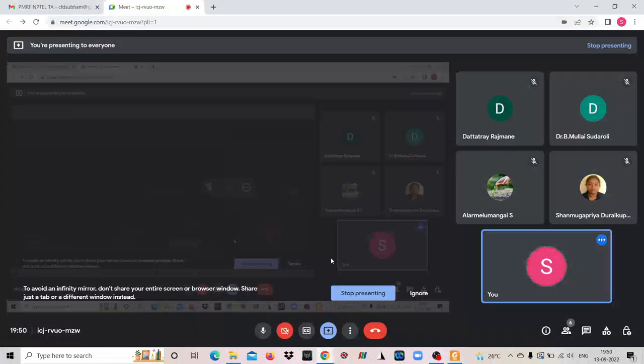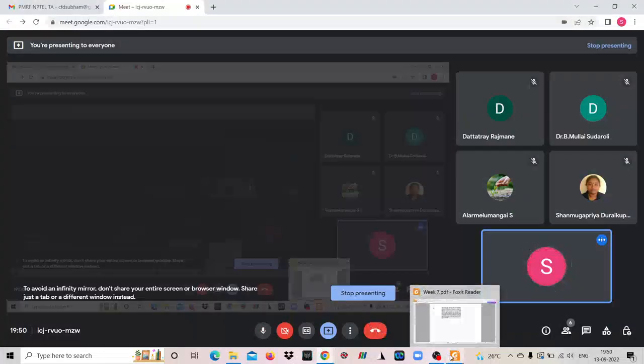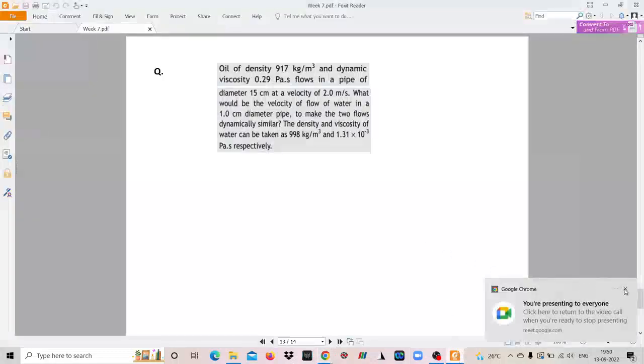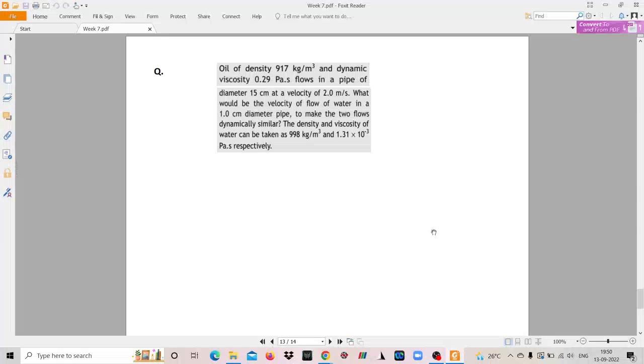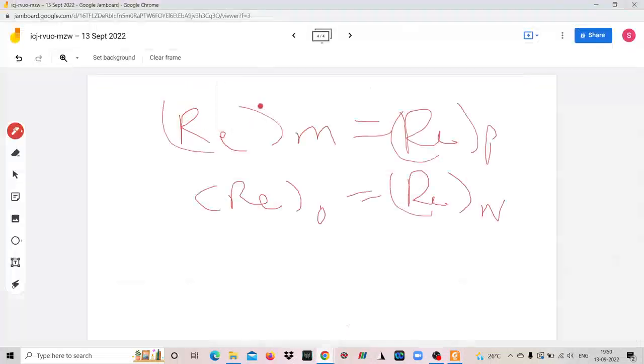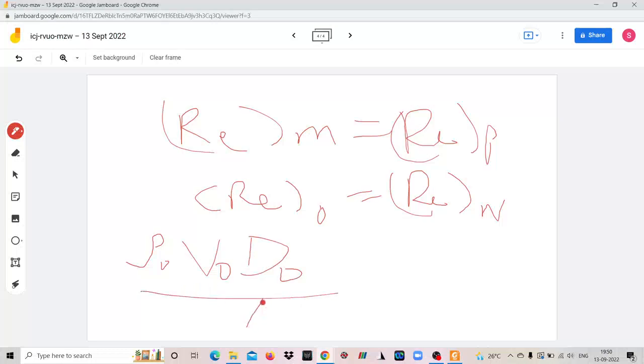Anyone has obtained the answer? So what will be the Reynolds number of the oil? Rho of the oil, velocity of the oil flow, diameter of the pipe through which the oil is flowing, divided by the viscosity of the oil, and the Reynolds number of the water, density of the water.